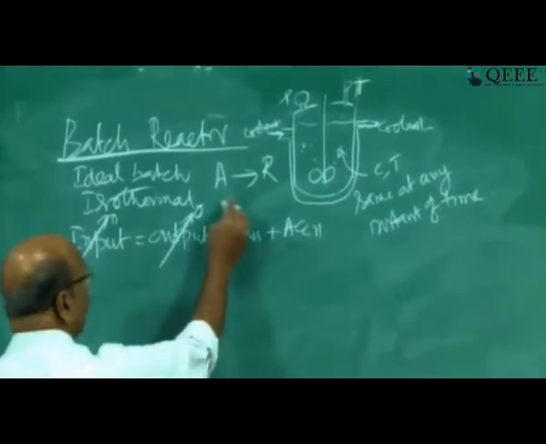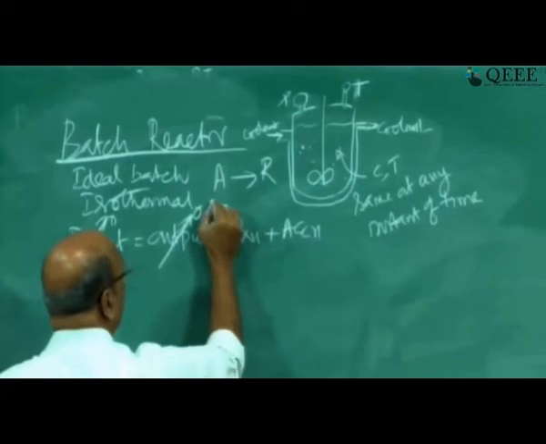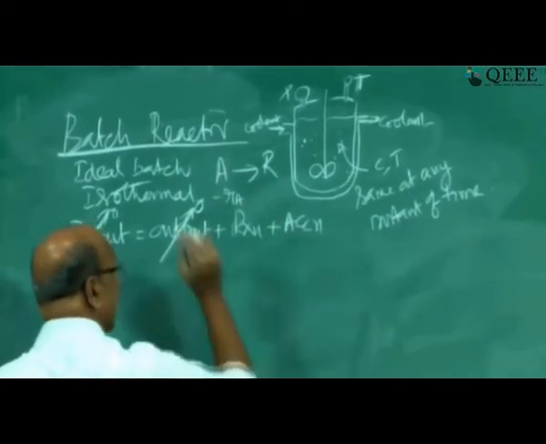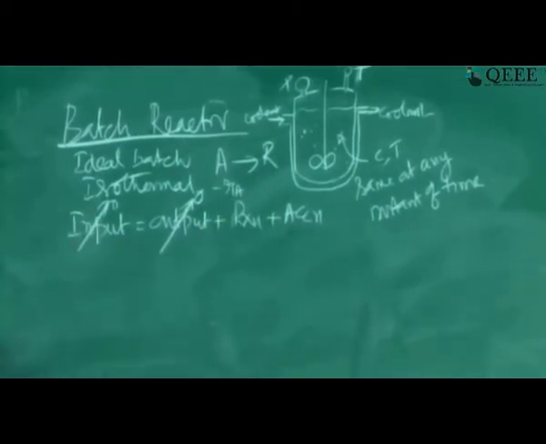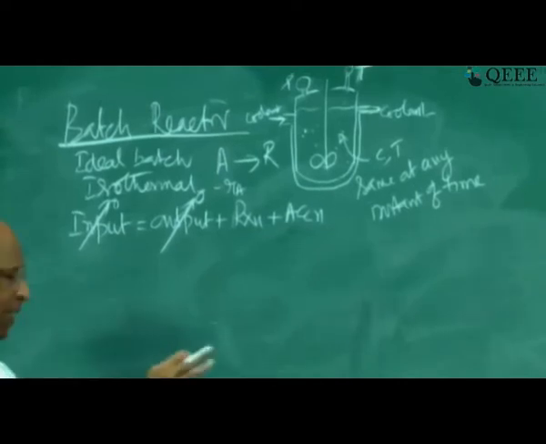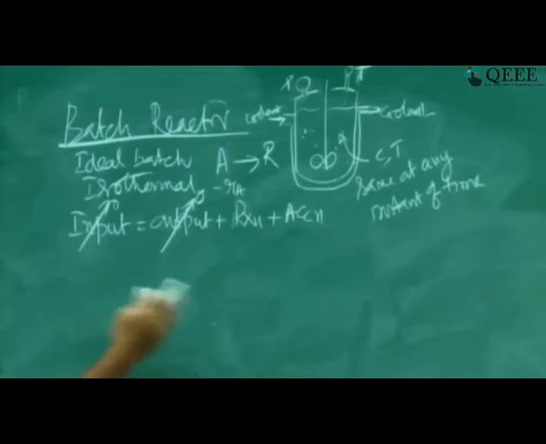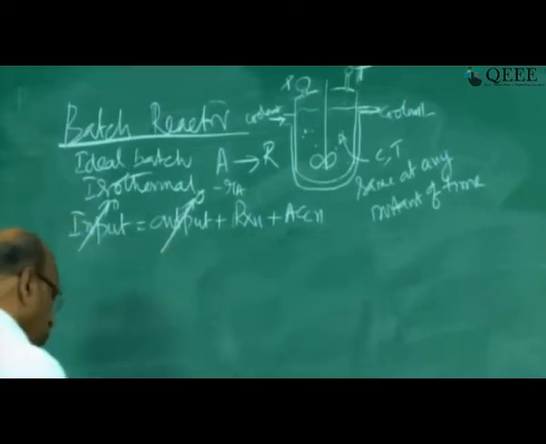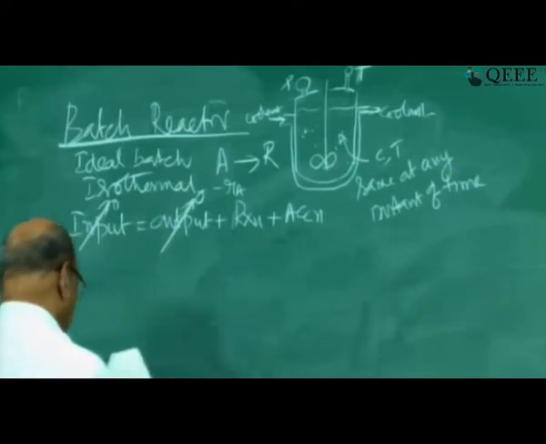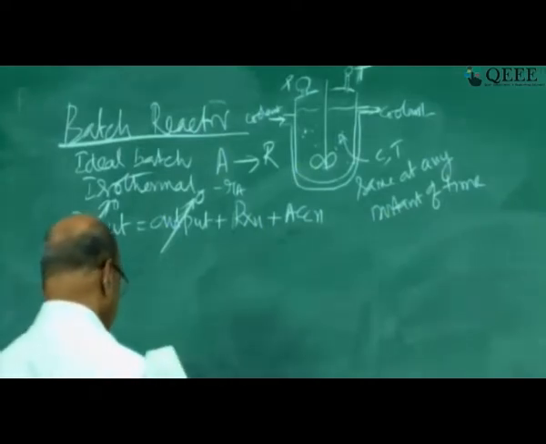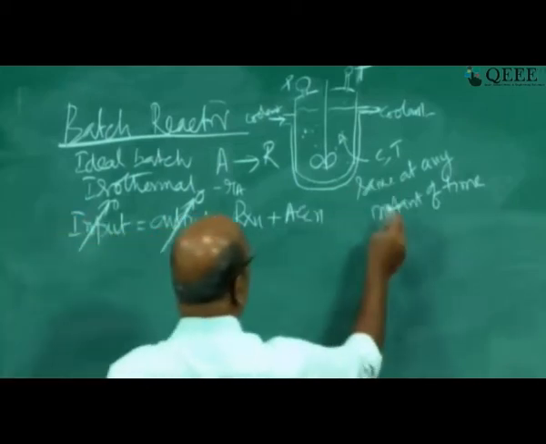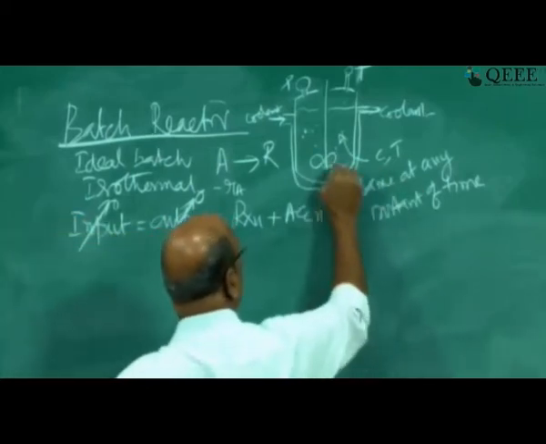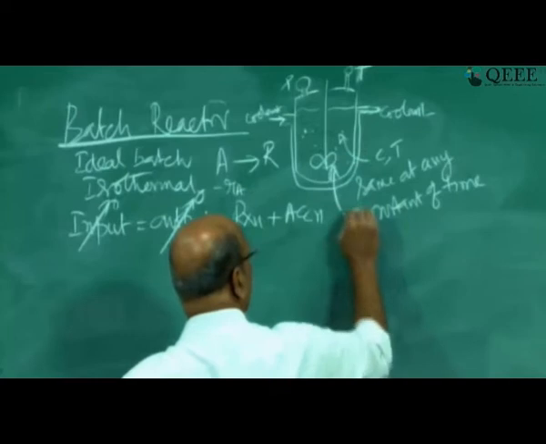And I also have A going to R, giving me a rate minus rA, where minus rA is expressed as I told you yesterday: moles of A converted per unit time per unit volume. And the entire volume is V.